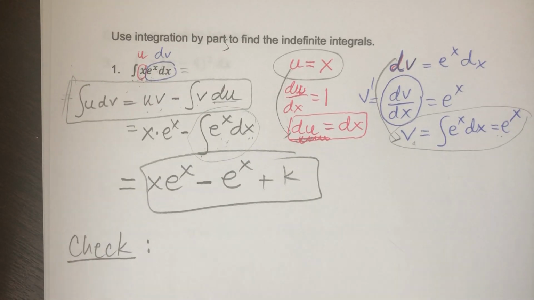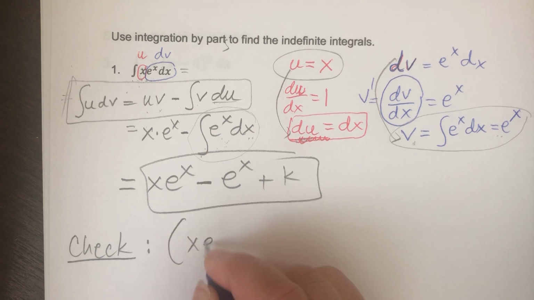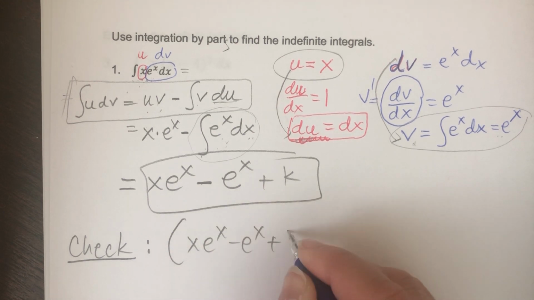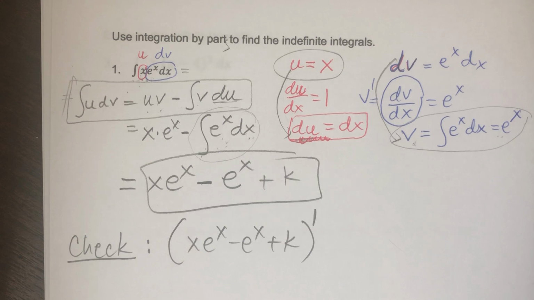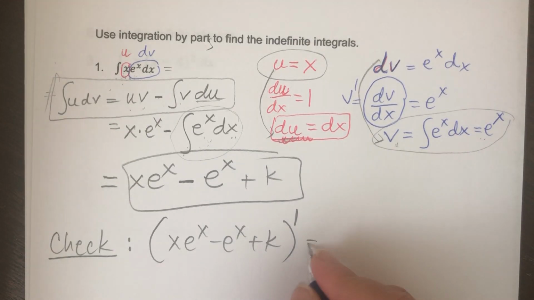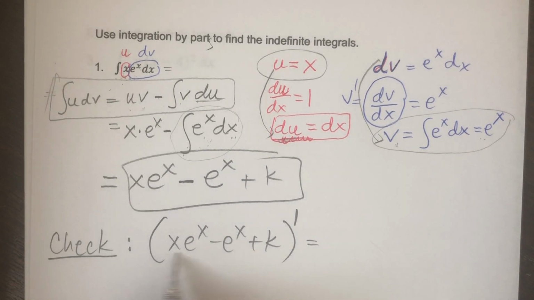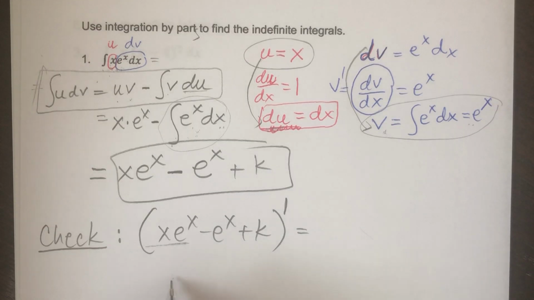What do I mean by check? Take this function here and take its derivative. See what we get. So what's the derivative of this? Well, I go term by term. Well, the first term is a product, so I have to use the product rule on it.